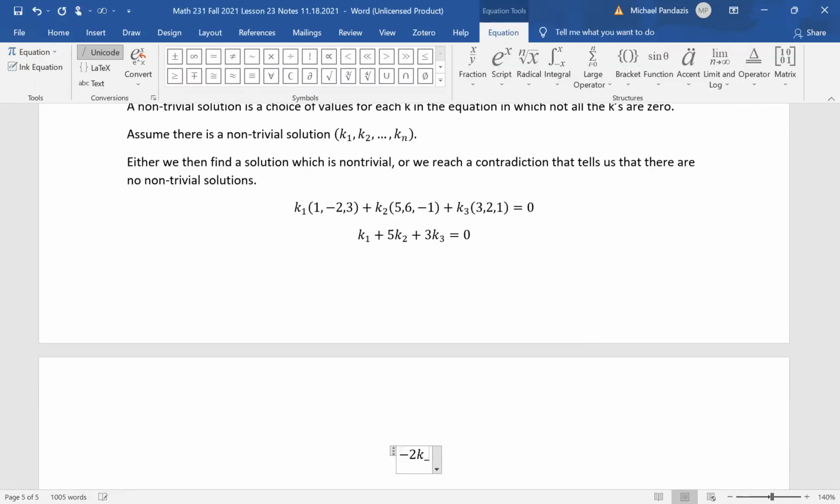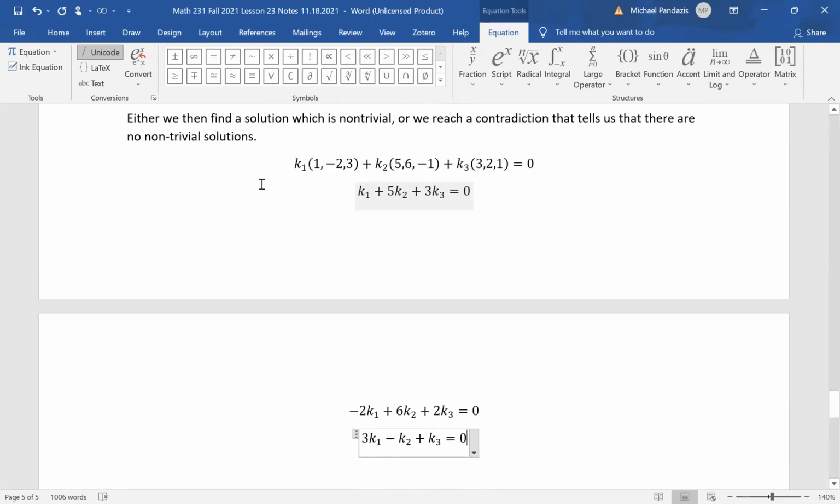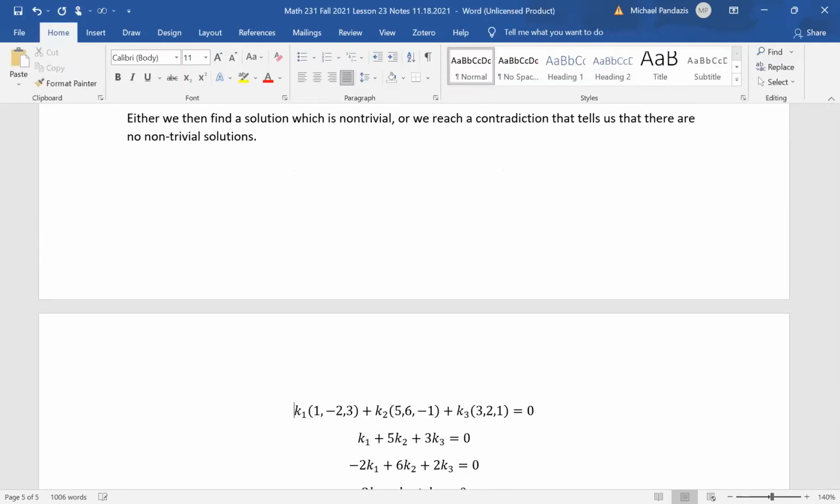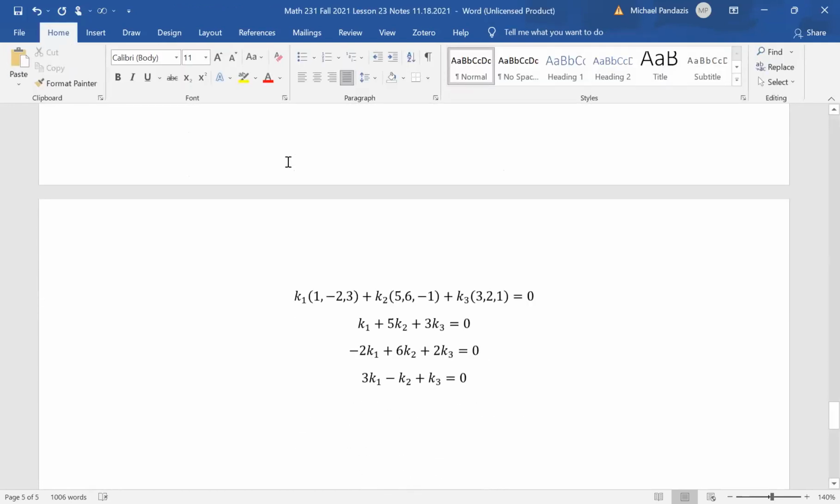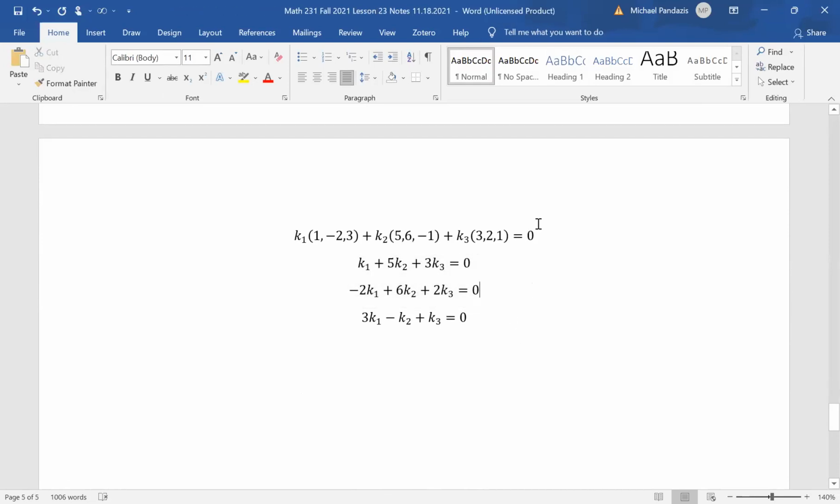Negative 2k1 plus 6k2 plus 2k3 is equal to 0. And we have 3k1 minus k2 plus k3 is equal to 0. So we get 3 corresponding equations from this one vector equation.